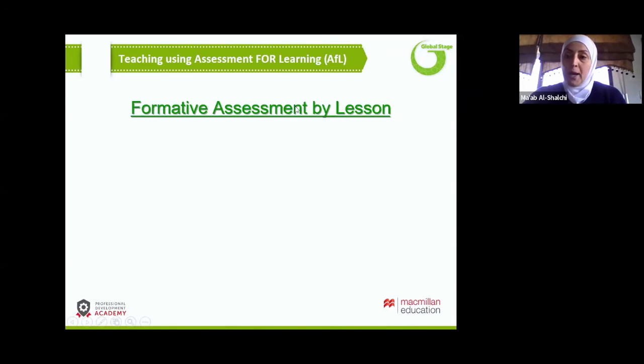Formative assessment by lesson. So for those who are using Global Stage, what do you do? What kind of formative assessment do you apply? Okay, thank you. Rubrics, games.